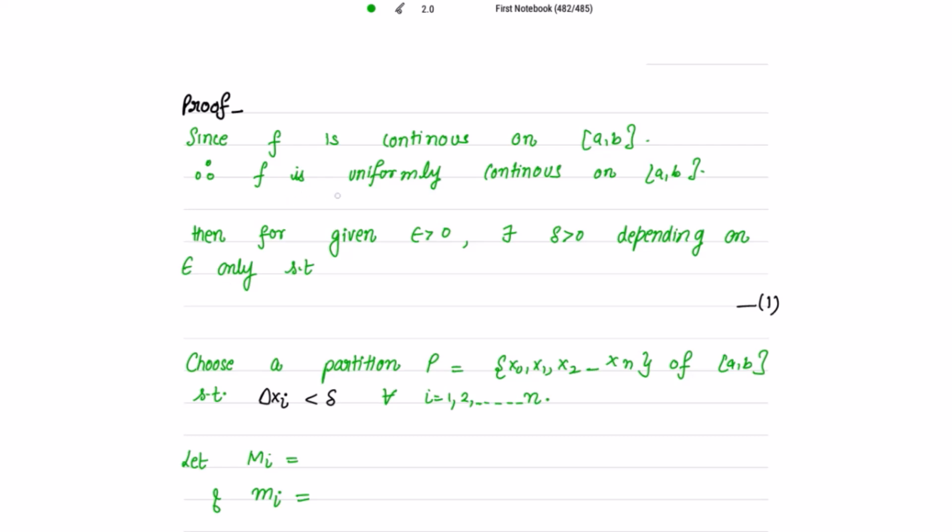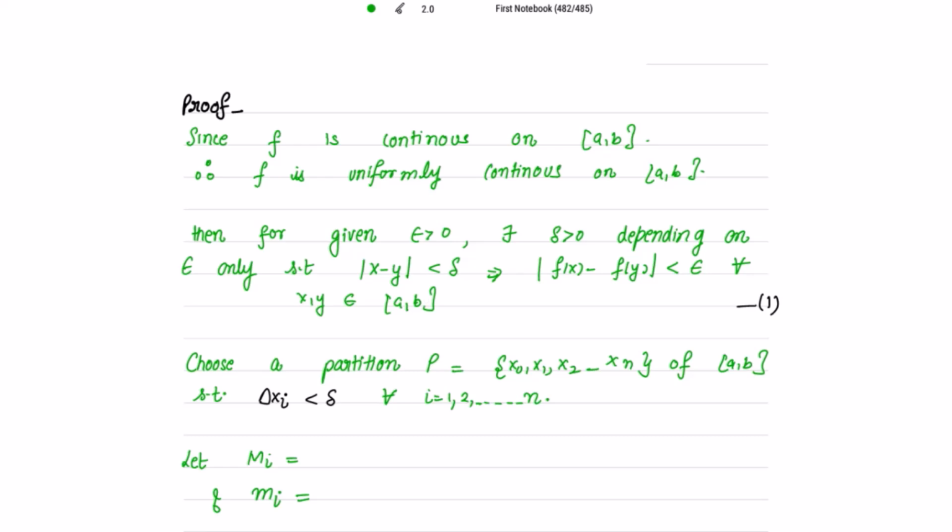Because f is uniformly continuous on the closed interval [a, b], let's use the definition. For given positive epsilon, there exists delta positive depending on epsilon only, such that mod of x minus y is less than delta implies mod of f(x) minus f(y) is less than epsilon, for all x, y belonging to the closed interval [a, b].